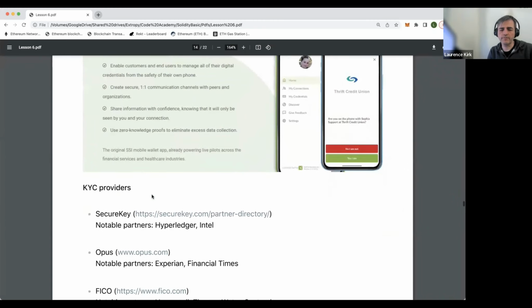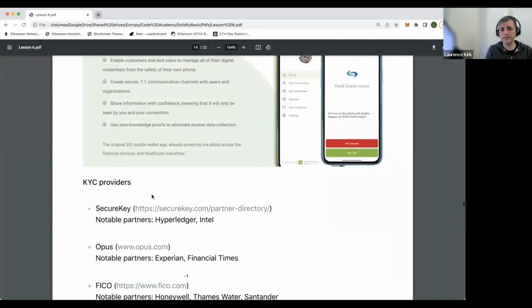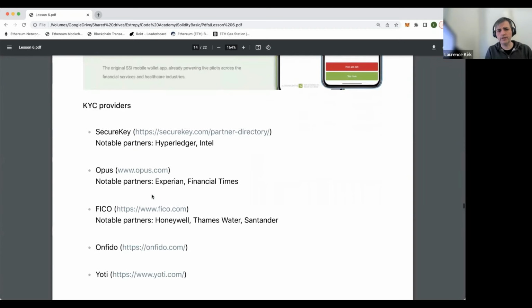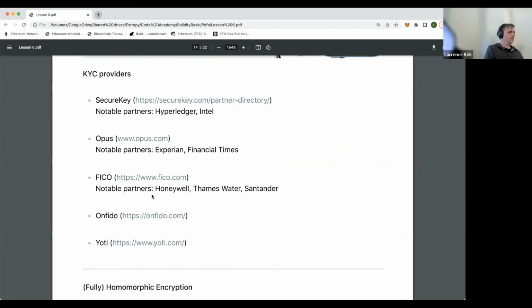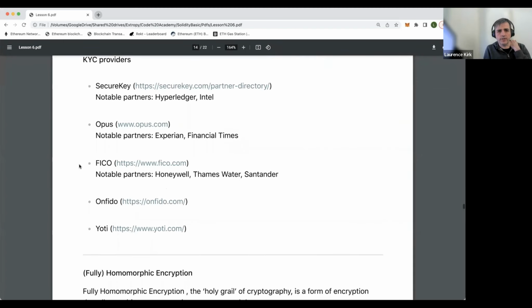Related to that are KYC providers. I just list out a few here. These are often useful when you're writing real-world applications, and you may well end up wanting to use these in blockchain projects. The first few I haven't used, so I don't know much about them, but they're sort of well-known projects there.